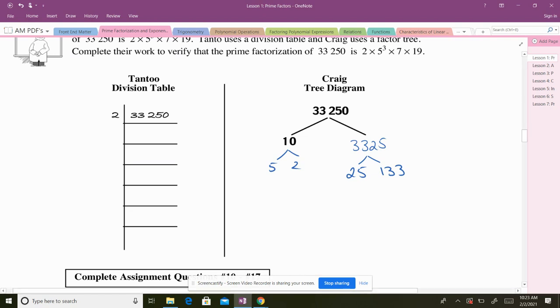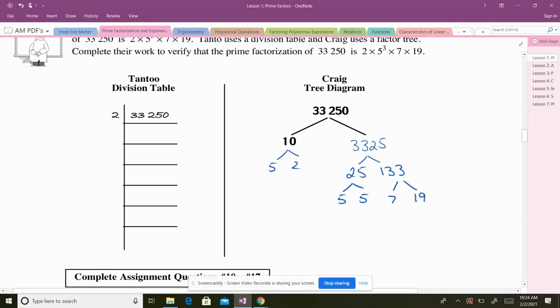You can divide it. Okay, can 25 be broken down into anything else? 5 and 5. Can 133 be broken down into anything? Try 7.